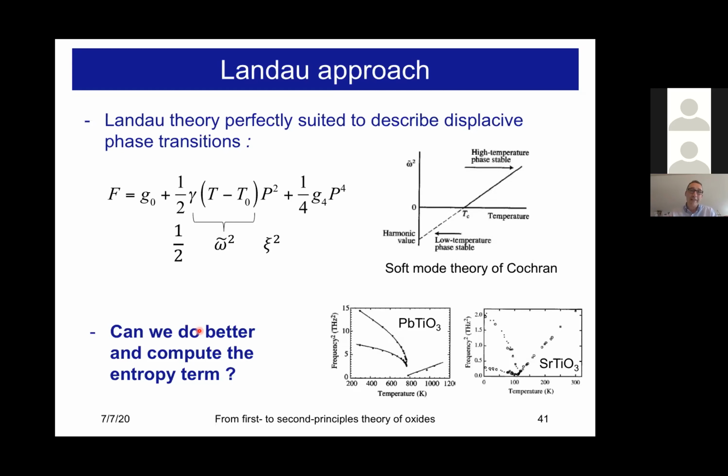On the one hand, to identify what are the relevant degrees of freedom to be put in the model, and reciprocally from the second principles to tell what part of the first principle result is important to the physics and what is maybe meaningless. So tomorrow I will mainly focus on how to extract the meaningful parameters from DFT to build the second principle models and what we can learn from this second principle model.